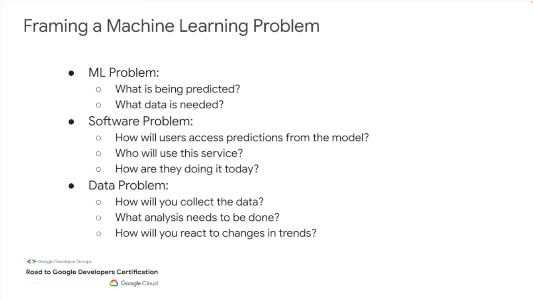And then you can see that you also have a data problem. So it's not just the machine learning part that you have to think about, or how the software should work, but also how will you collect the data? Is there some website out there with all the apartment prices that has all the data you need, or do you need to take the data from a website with prices and another with, for example, weather?